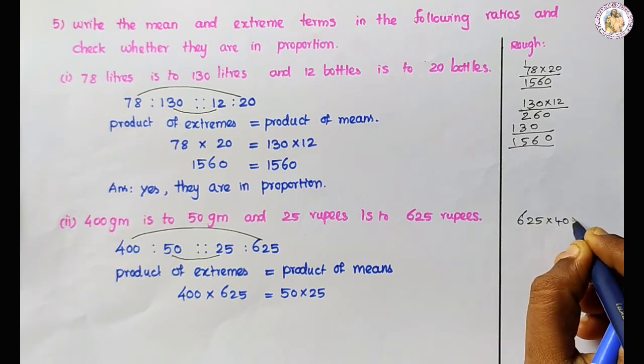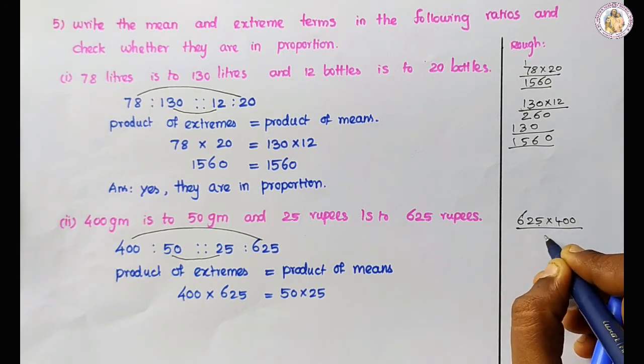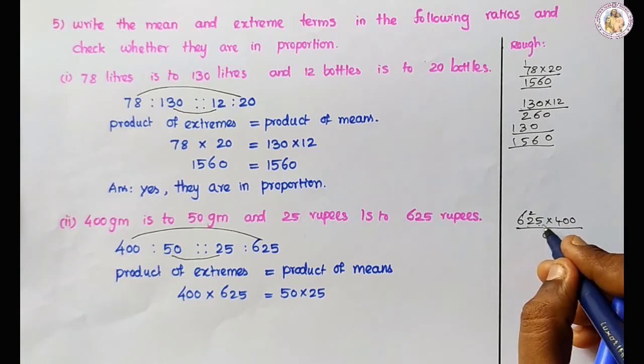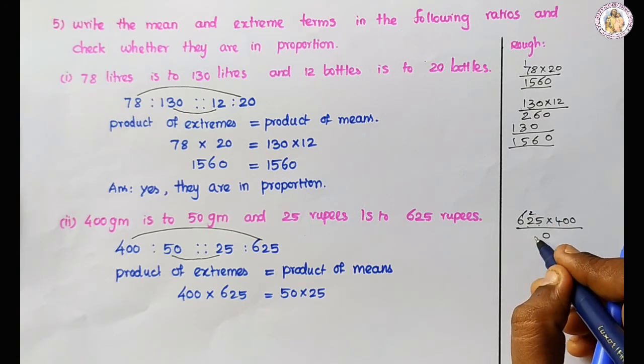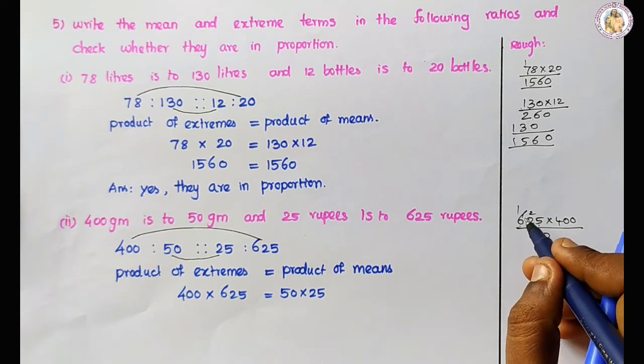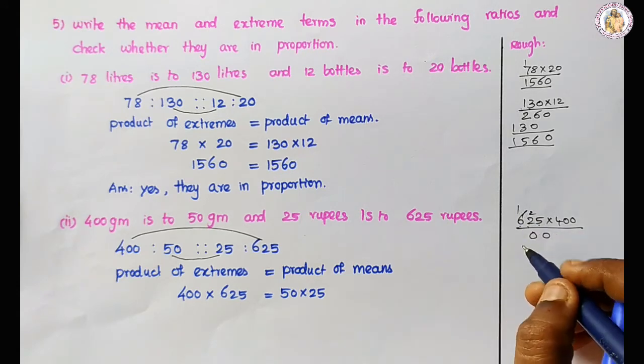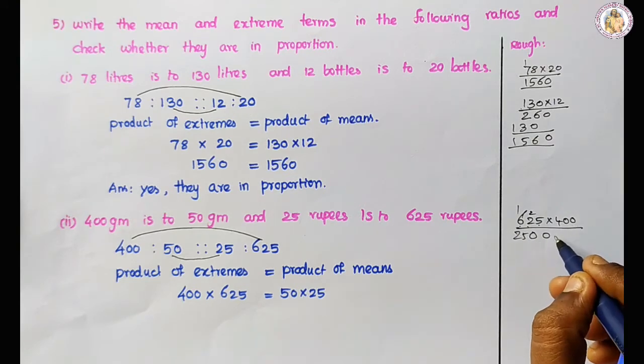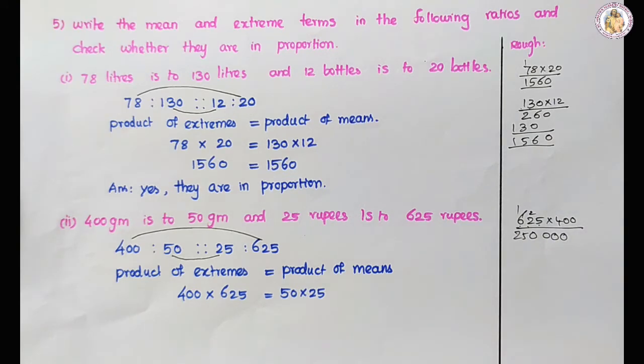625 into 400. Listen, 4 5s are 20. Carry over 2. 2 8s are, 2 4s are 8 plus 2 10. 6 4s are 24 plus 1 25. Put the 2 zeros means we get 2,50,000. 25 5s are 125.